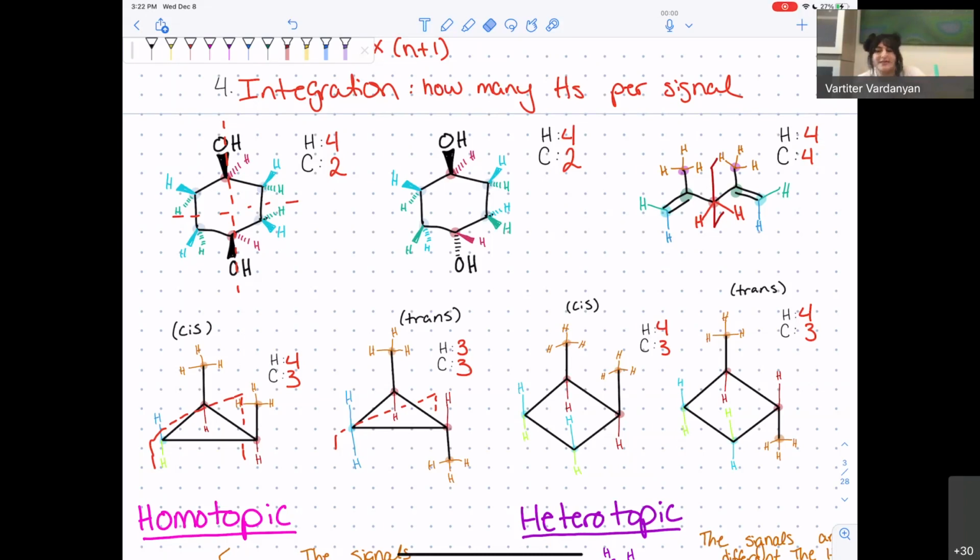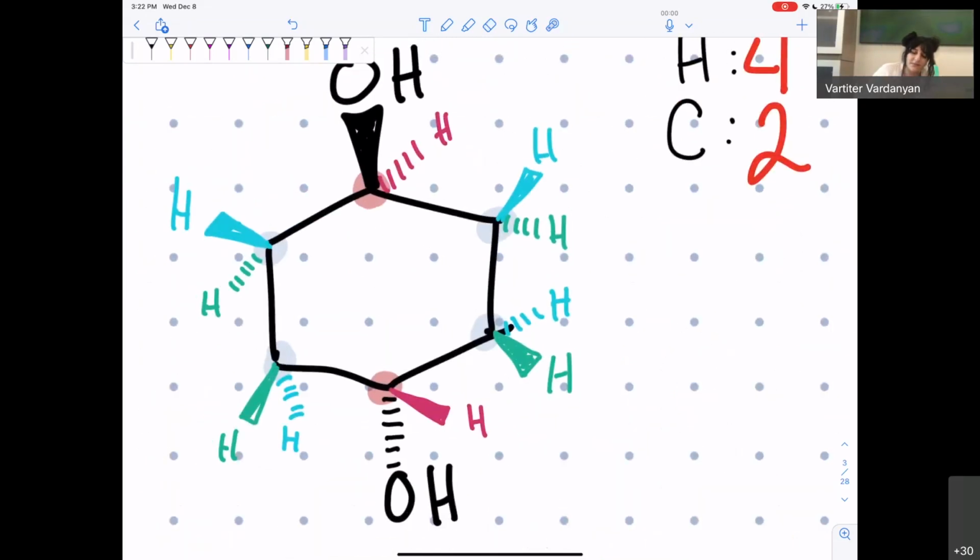All of the hydrogens pointing down will be the same, but the hydrogens pointing up and the hydrogens pointing down are completely different from one another. If we have one OH pointing up and one pointing down, then we get this crisscross pattern where these two on the top correspond to these two on the bottom, and these two on the top correspond to these two on the bottom.